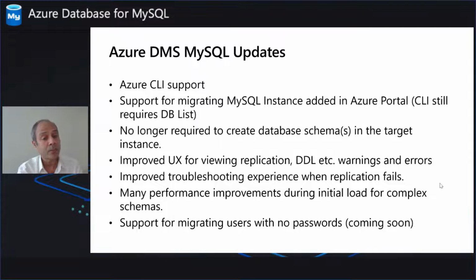On the replication side, we provide very comprehensive and concise information on the portal, and there is an option to navigate through different pages if there is a lot of information to share. And if replication fails because of a missing foreign key or duplicate keys, we also provide an option.